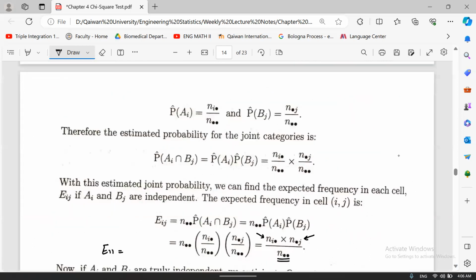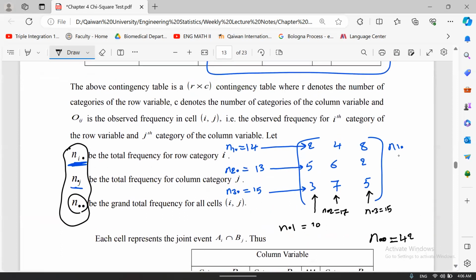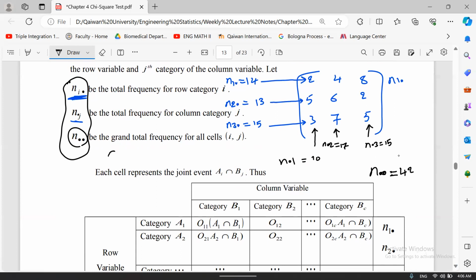Let's apply this for the above example that you have. Here, what's O11? We have O11, which is 2. This is O11, and this is O12, which is 4. This one is O13. How about this one?